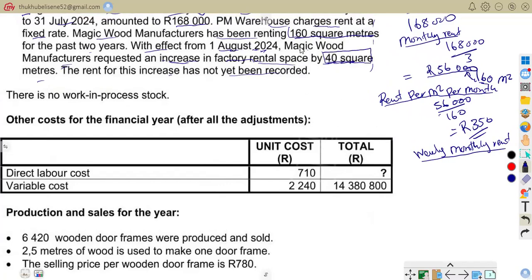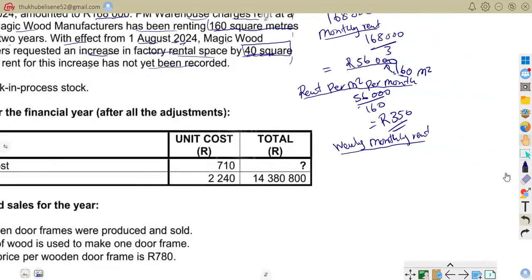It was 160 square meters, now added with 40 square meters. So all in all, they will give us 200 square meters.